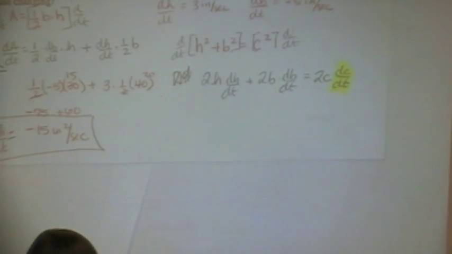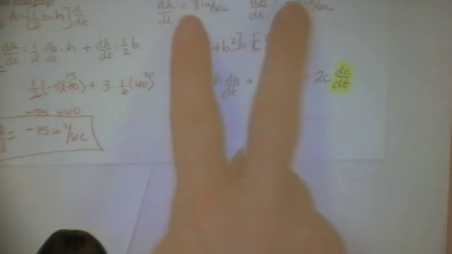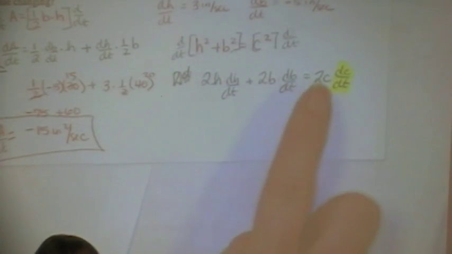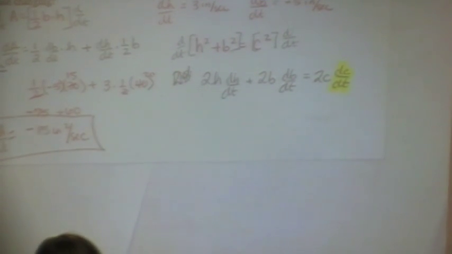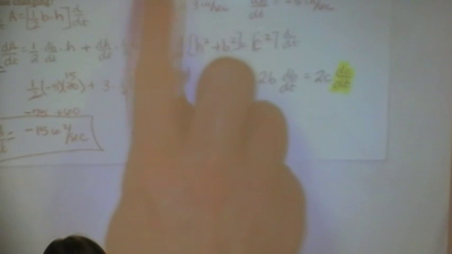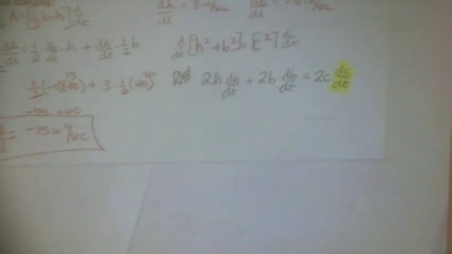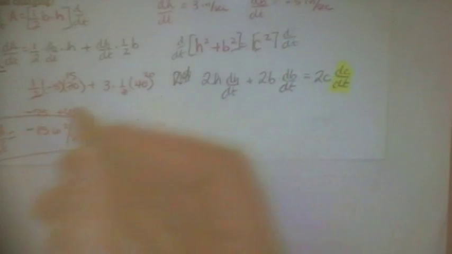So I know my h is 30, my b is 40. I know dh dt, I know db dt because they gave me those. The only thing you don't know, that's not what you're solving for, is c, but you can find it with the Pythagorean theorem because I know the other two legs. So we're going to have to do that before we can finish our plug-in.